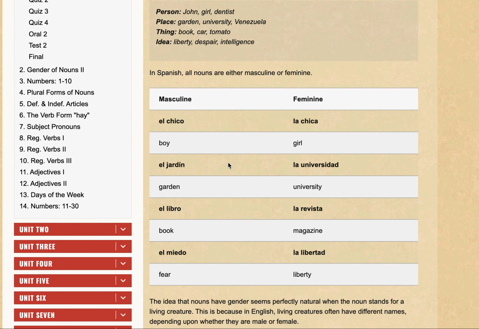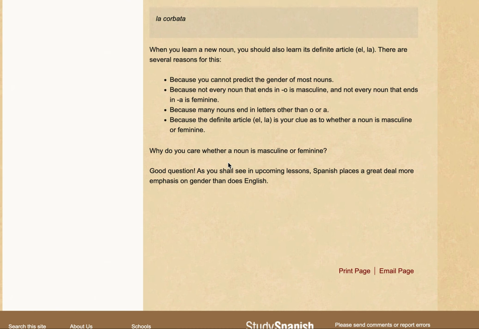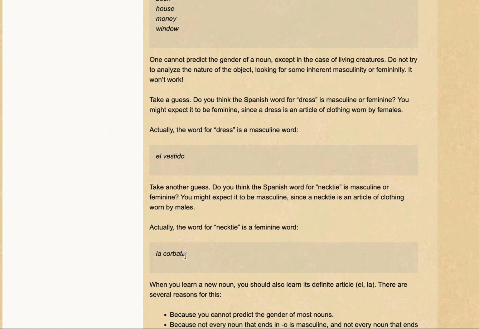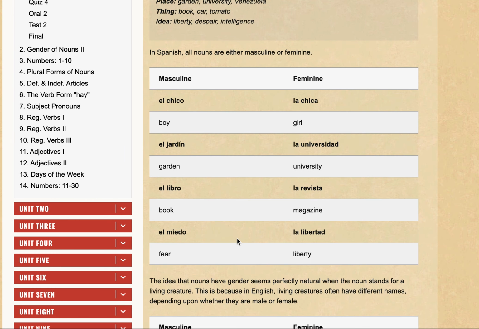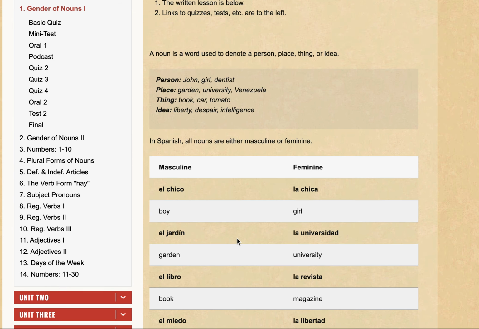And we have seen some exceptions, like el vestido, which is a dress, is a masculine word, and la corbata is a necktie, which is a feminine word.